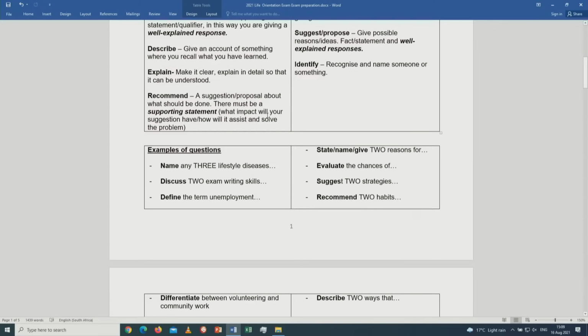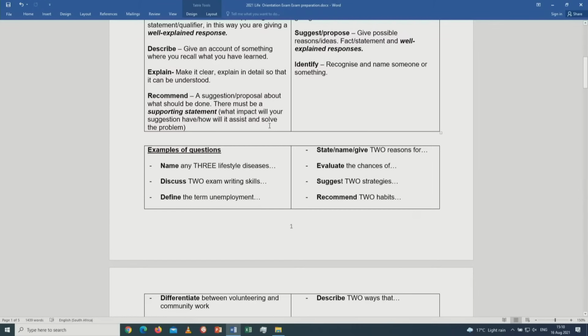And then recommend. You give a suggestion or you propose what could be done to either solve a problem as a solution, or maybe to give a hint of what could work in future to solve whatever problem was at hand. There must be a supporting statement there as well. What impact will your suggestion have, or how will it assist and solve the problem?